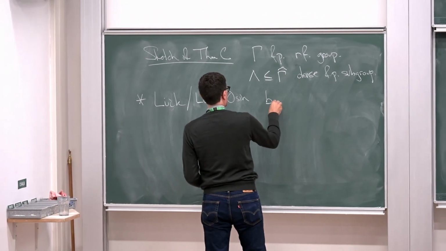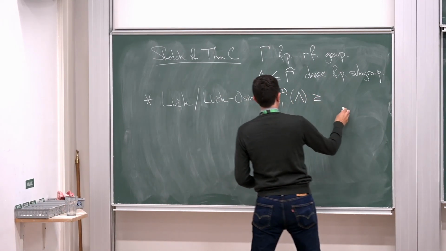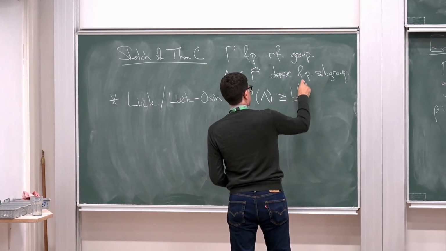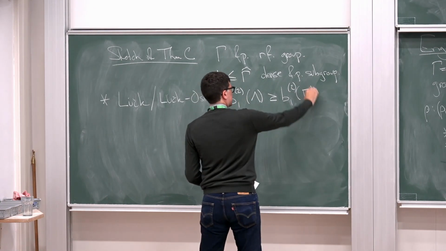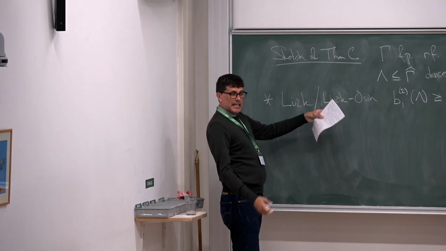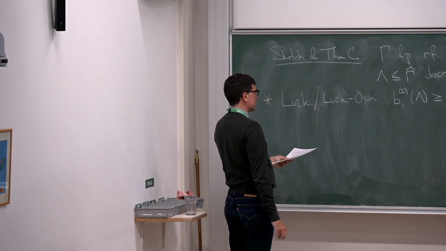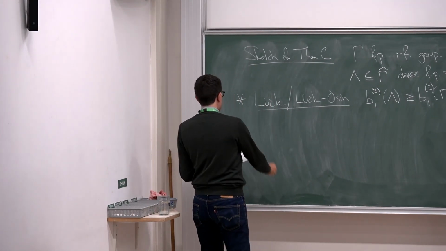We have the first L2 Betti number of lambda is greater than or equal to the first L2 Betti number of gamma. So on the level of Betti numbers, I think everybody in this room is profinitely able enough, but we also get an inequality on L2 Betti numbers.